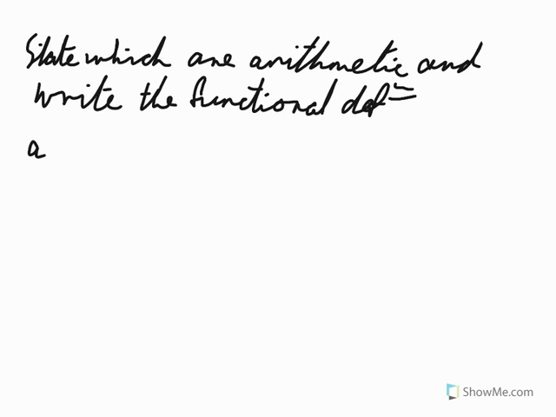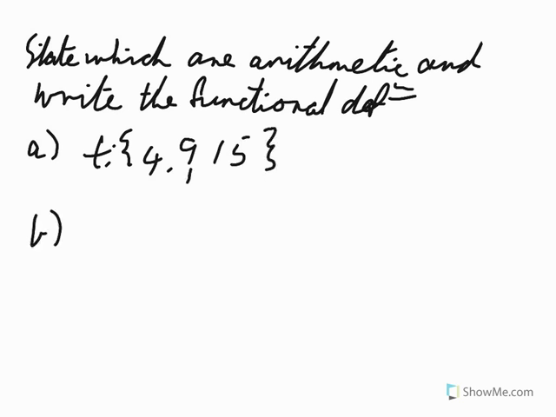Okay, so for the first one, part A, 4, 9, 15. Then B is negative 2, 1, 4, and so on.